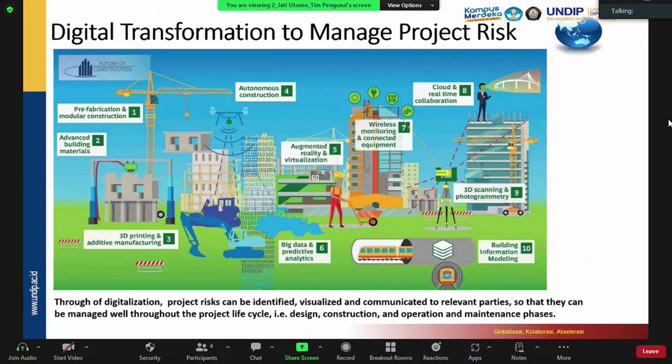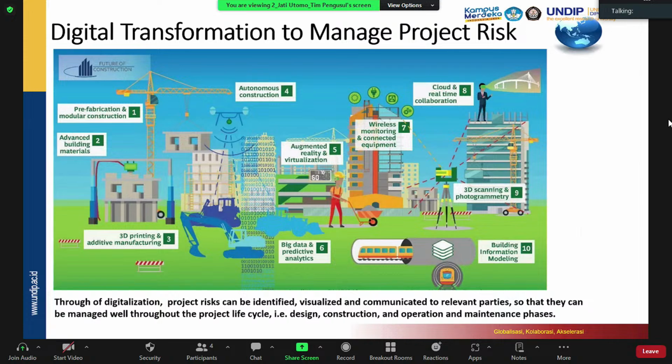Right, now, this is the interesting part. This is about the future of construction, where we can see there are 10 features of the future of construction. Number one is prefabrication and modular construction. We might have been seeing it nowadays on projects. It's getting more common. And then number two is advanced building material.